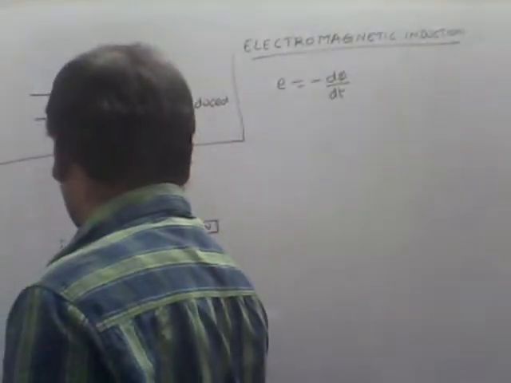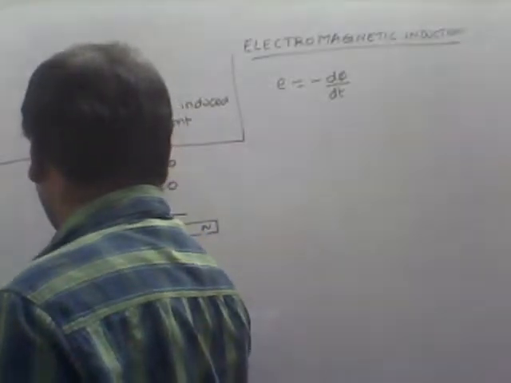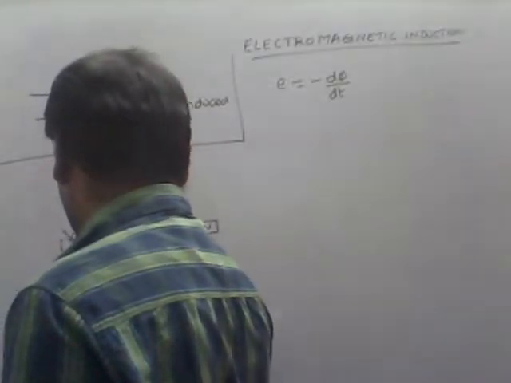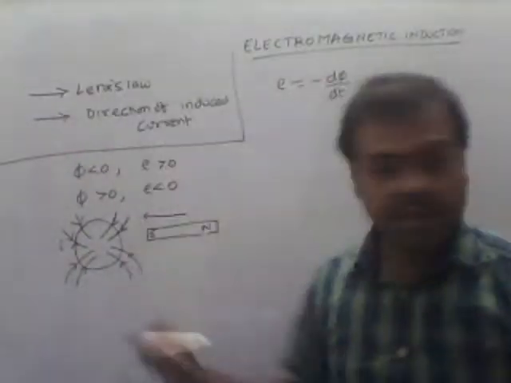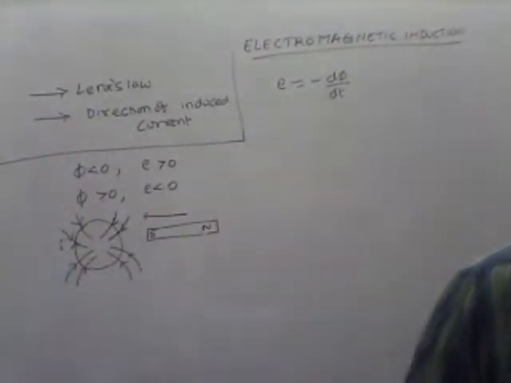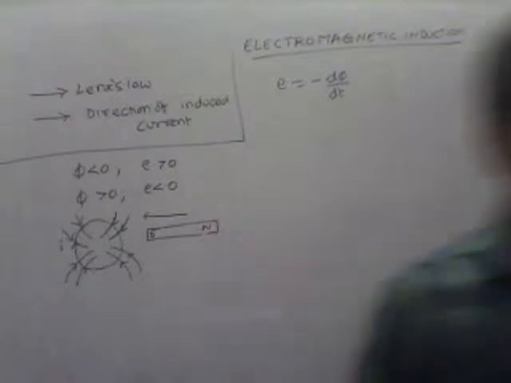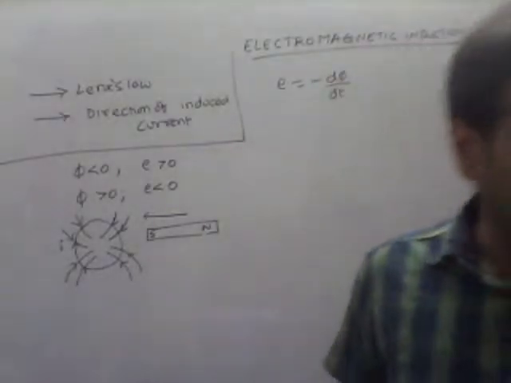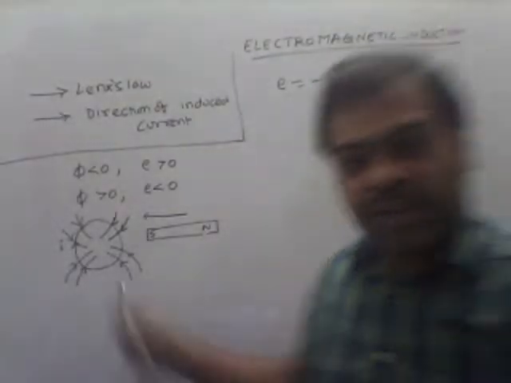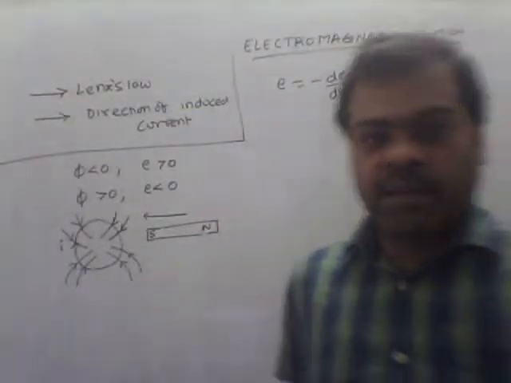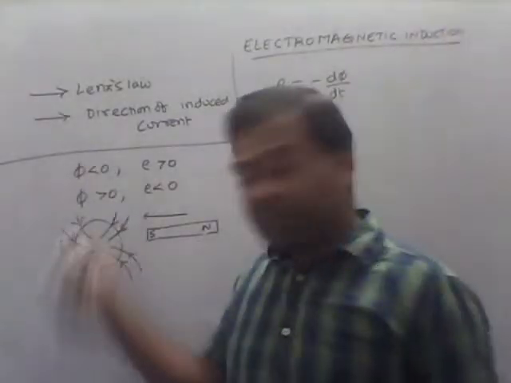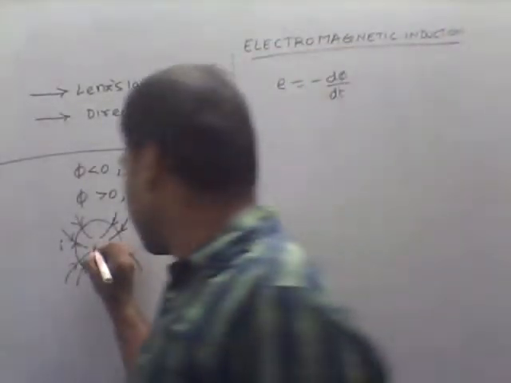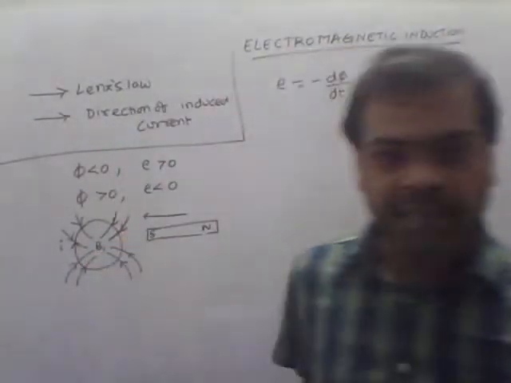We'll have the field direction like this. The magnetic field in the circular coil, I'll call it B1.